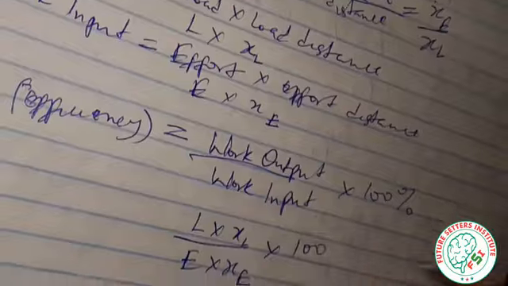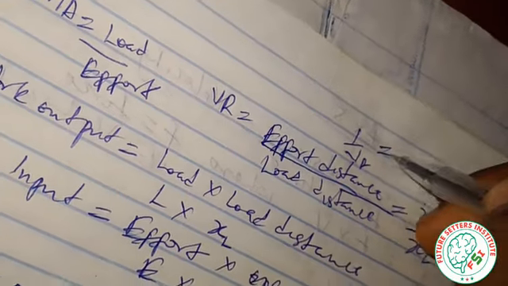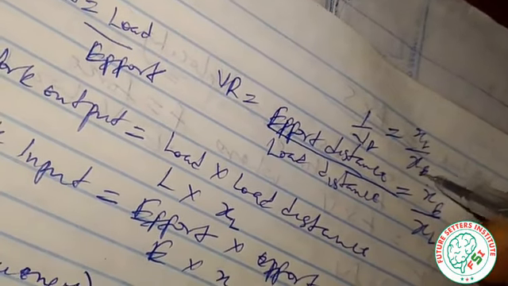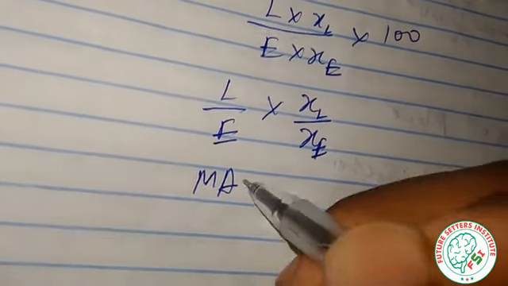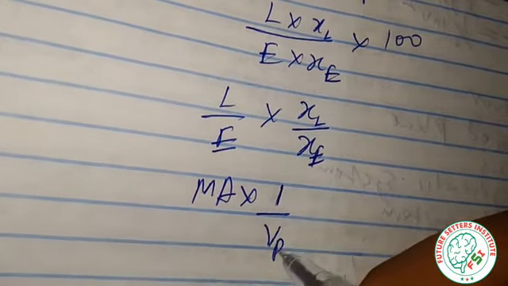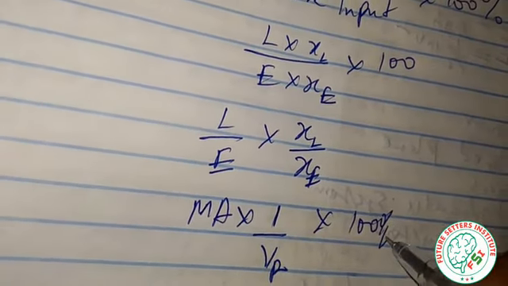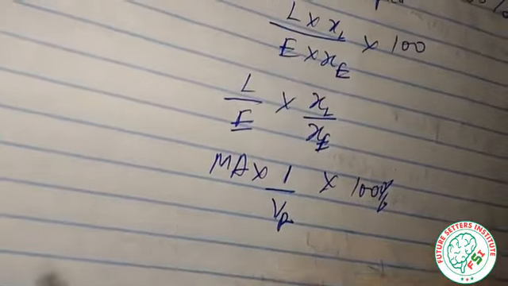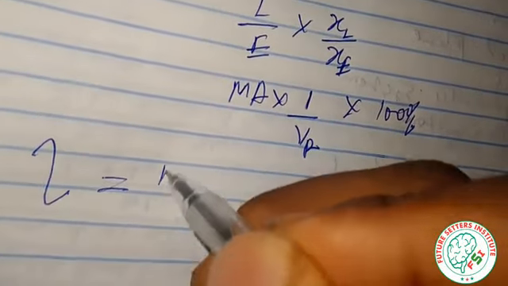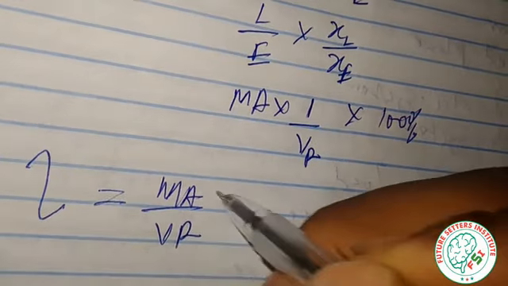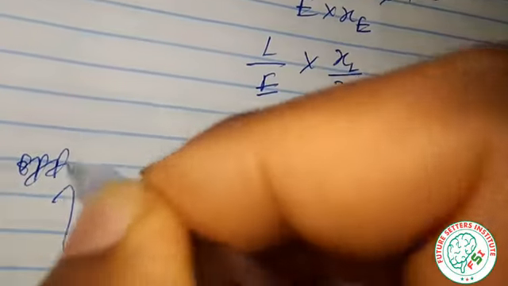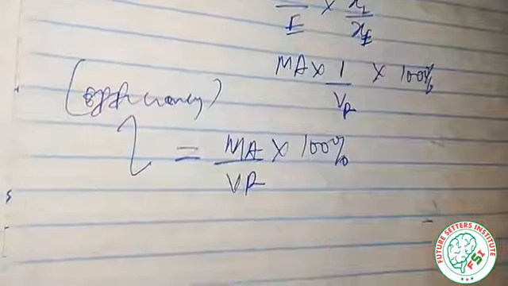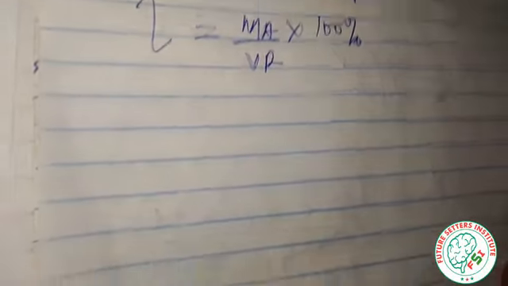So efficiency is equal to mechanical advantage over velocity ratio times 100%.